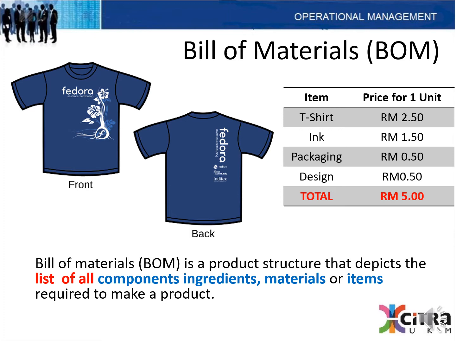In this example, you will need a t-shirt, ink, packaging, and design. All of these have their own price, so you need to put a price on one unit. When you add up all the items needed to produce this t-shirt, the total is 5 ringgit.